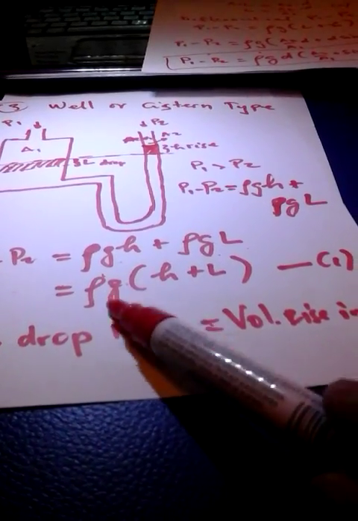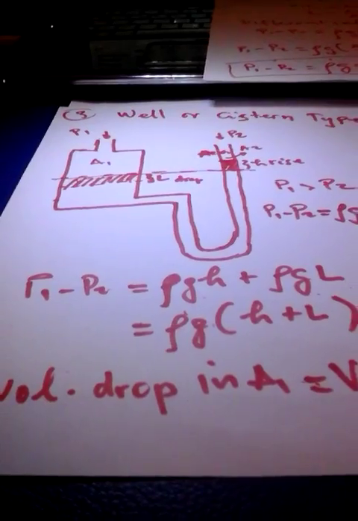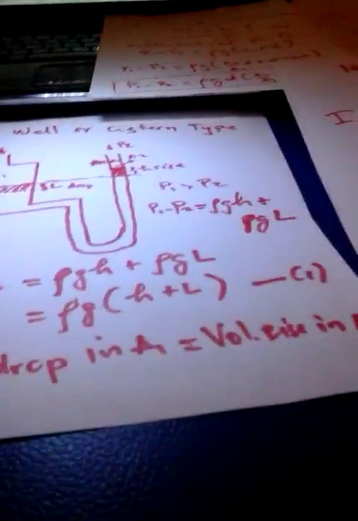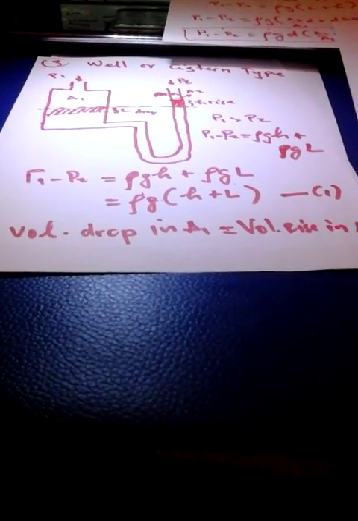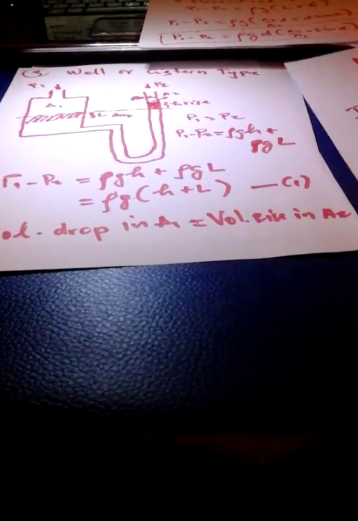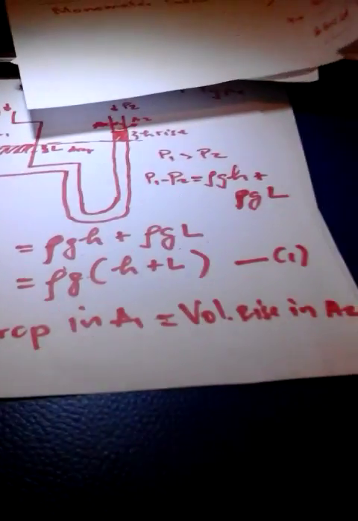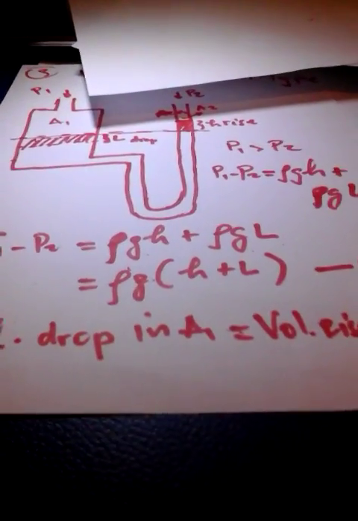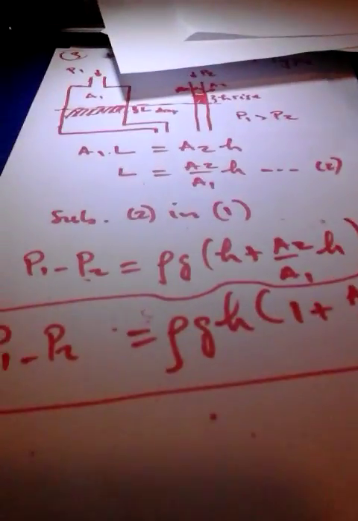Then we have rho g multiplied by H plus L. We call this equation 1. Again, remember that the volume drop in A1 is equal to the volume rise in A2. For that reason, we can come up with these equations here.